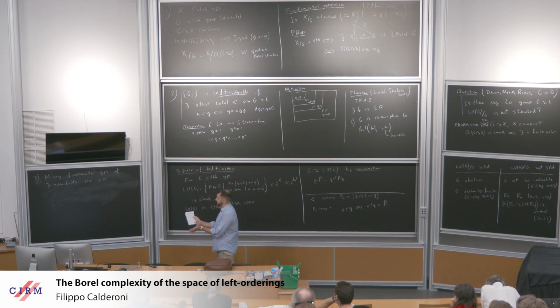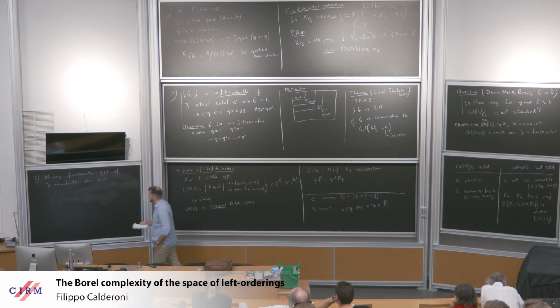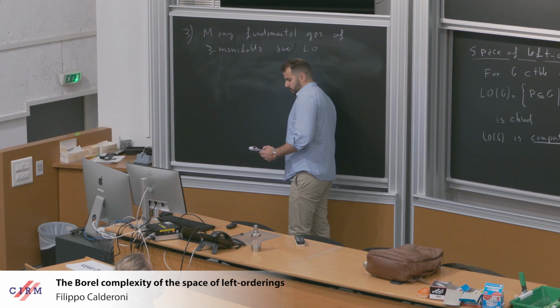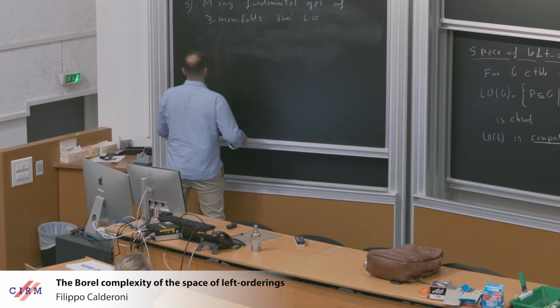And a three-manifold is just a manifold that locally looks like our universe. So one example for which the fundamental group is left orderable is the knot groups.